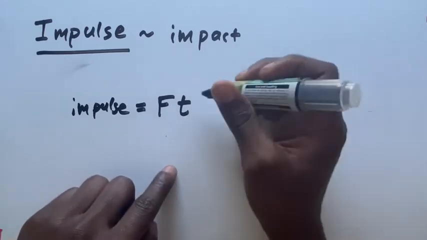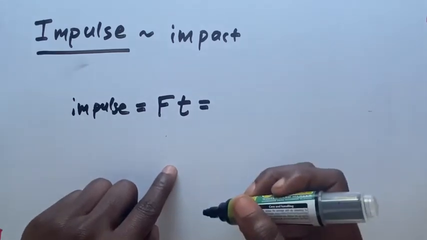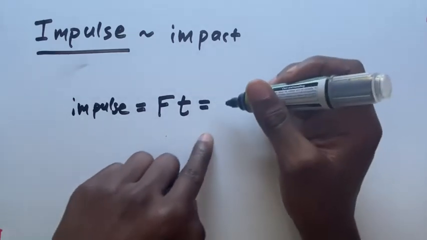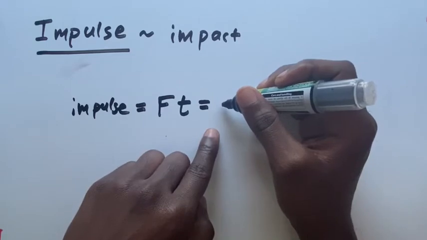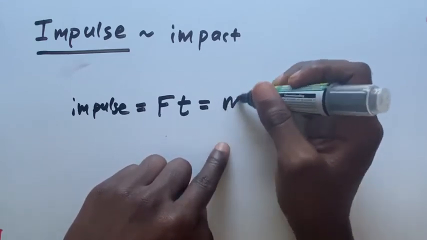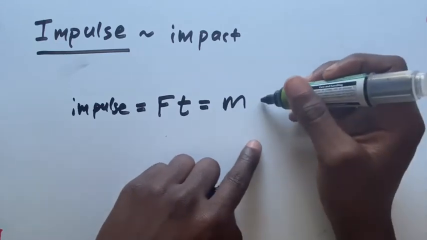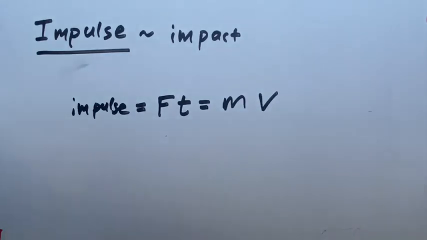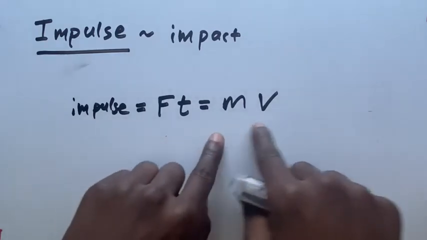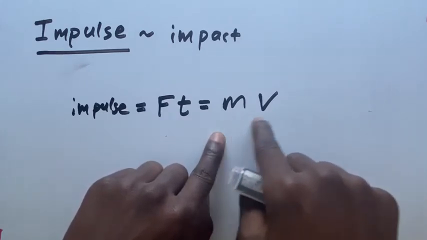And that's going to be also equal to, what's that going to be equal to? Well, mass times velocity. Or better yet, this is basically just the momentum, right?